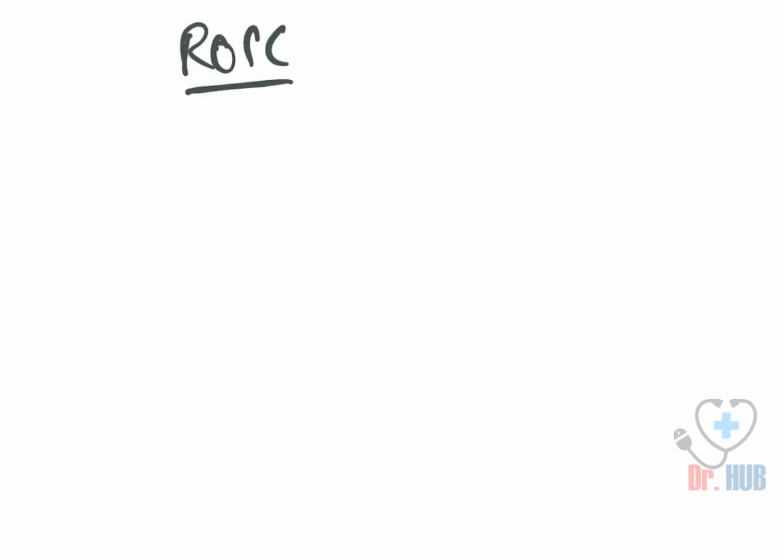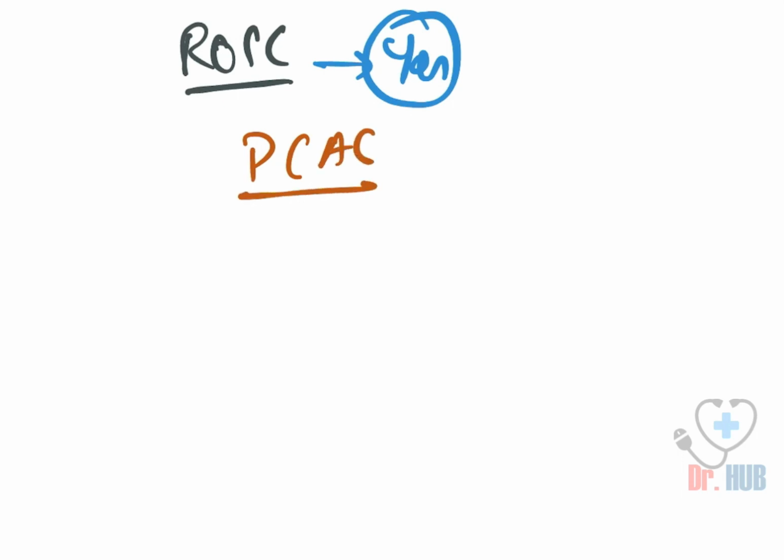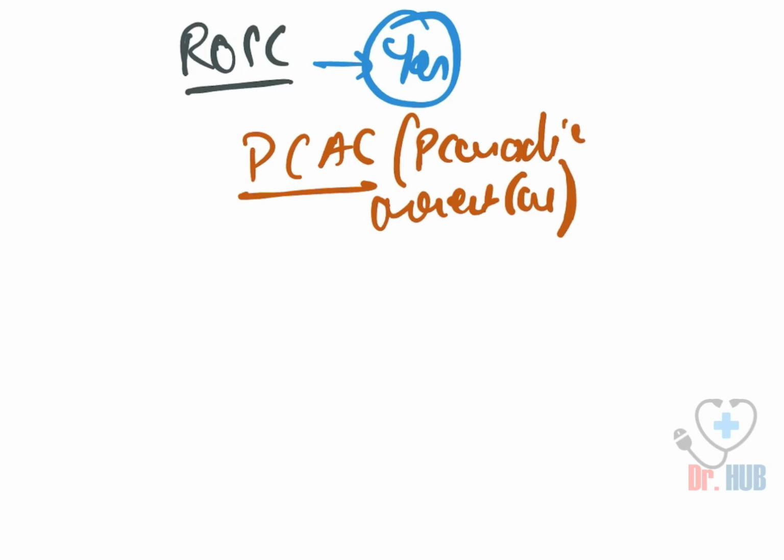Wherever we check the ROSC, we need to see if it is yes or no. Wherever it is yes, it automatically refers to the PCAC, that is the post cardiac arrest care.